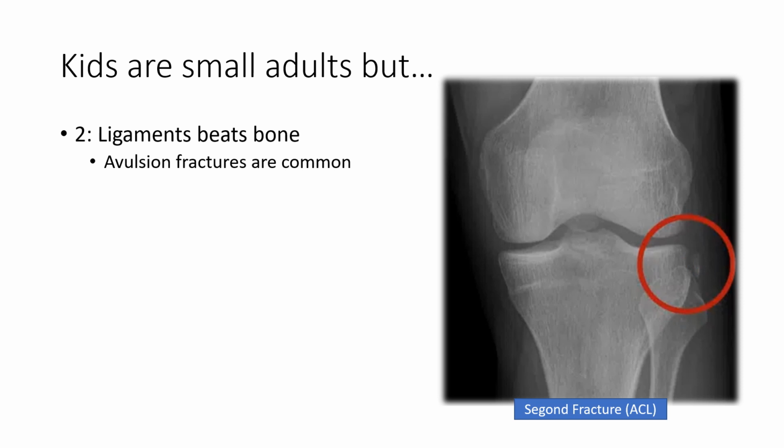This is what you call a Segond fracture, which is usually from an ACL rupture, or what would be an ACL rupture, but doesn't necessarily become one. And then if you want to take the analogy all the way, with kids the ligaments are really strong, and so you get avulsions or you get breaks other places.